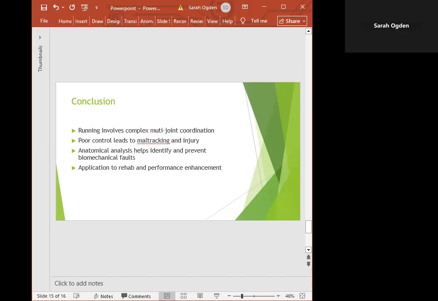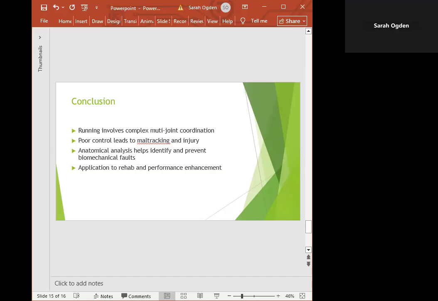So, overall, what we want to take away from this is that using anatomical and biomechanical analysis gives us powerful tools to prevent injury, basically. It improves performance, and you can design better rehab strategies to better your life in the long term.